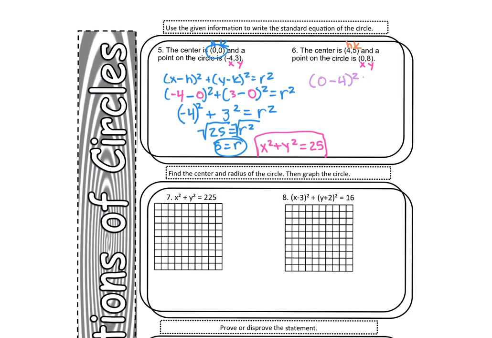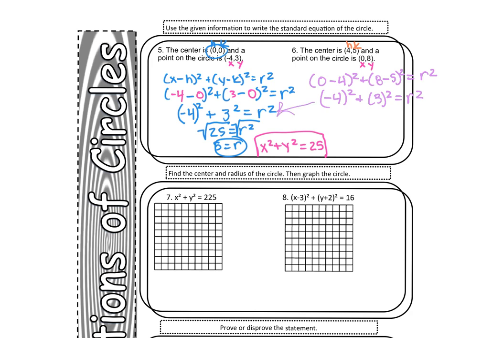And then we square it, and we add y, which is 8, minus k, equals radius squared. Okay, 0 minus 4 is -4. And when we square a negative number, we need to make sure it's in parentheses for our calculator. 8 minus 5 is 3, so we have 3 squared equals r squared.